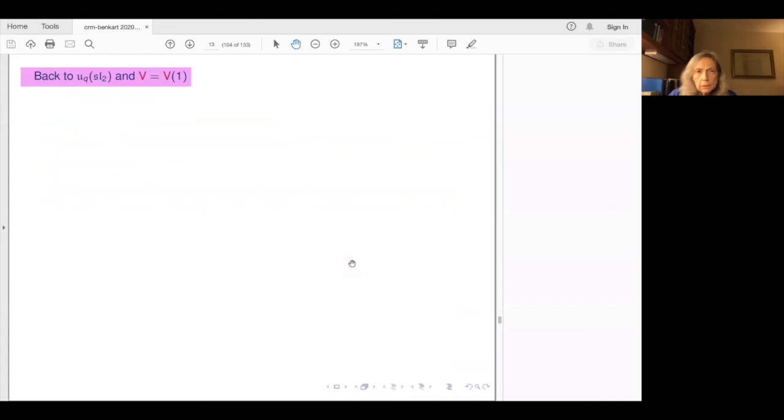So in the SL2 case, remember that these two modules have the same composition factors. So they're going to have the same image under the Cartan map. And so there are differences in the kernel of the Cartan map. So what I'm going to do is choose a list of projectives.